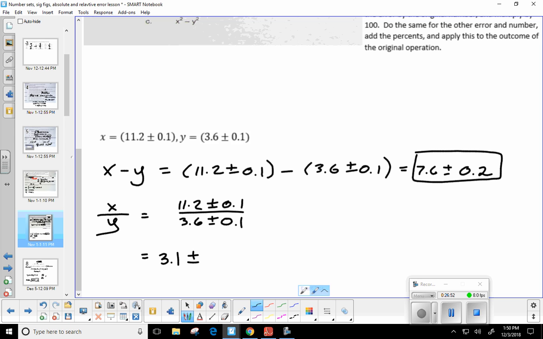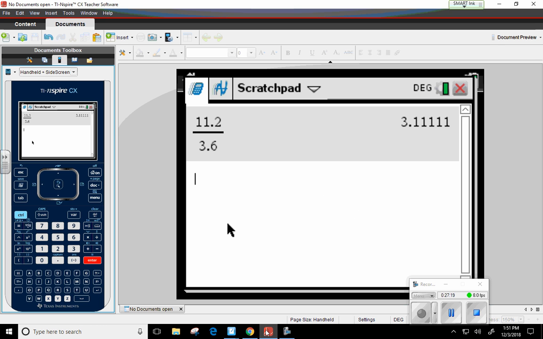Now what do I do? Divided, there we go. So 0.1 divided by the 11.2, 0.1 divided by the 3.6, and then whatever values we get from those, we're going to add those up because that's the percentage I need to take of the 3.1. Now you actually see the percentage if you multiplied it by 100, but we're actually working with a decimal.